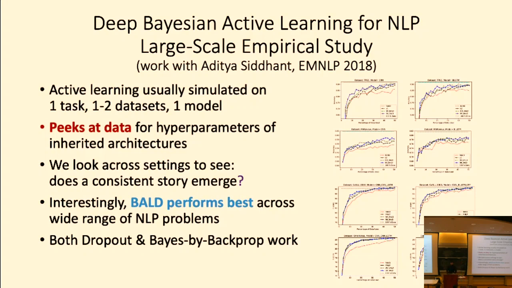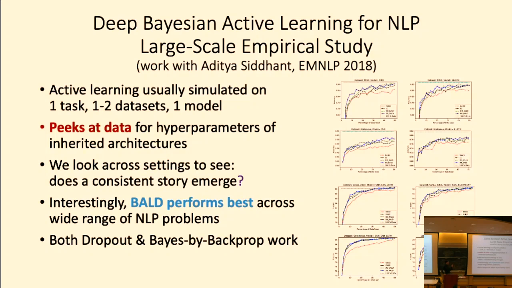Let's pick a large menu of tasks. For every task, let's pick multiple data sets. For every task and data set, let's pick multiple models. For every task, data set, and model, let's run across multiple random seeds to address the concern that maybe we just got lucky and got a good seed on a particular run.